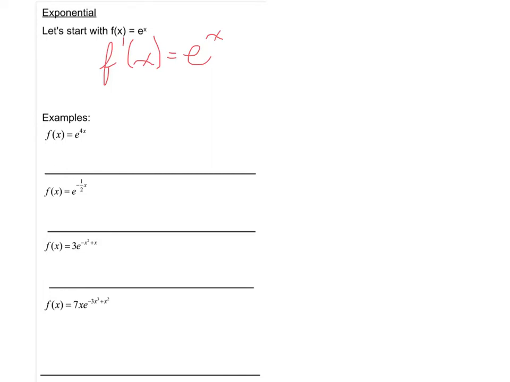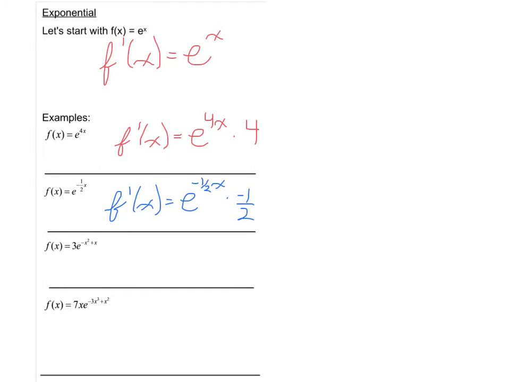So here if I have f of x equals e to the 4x, well, I'm going to be using the chain rule. So my derivative is going to be itself, e to the 4x, times the derivative of 4x, which is 4. If I have e to the negative 1/2 x, well, its derivative is going to be itself, e to the negative 1/2 x, times the derivative of negative 1/2 x, which is negative 1/2.